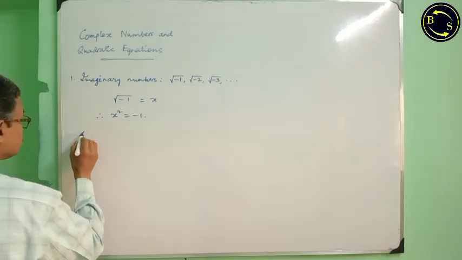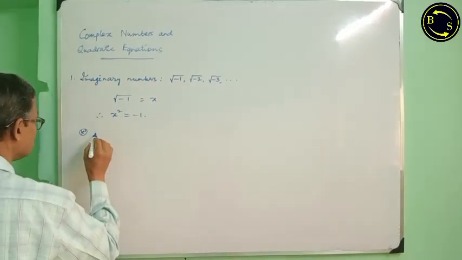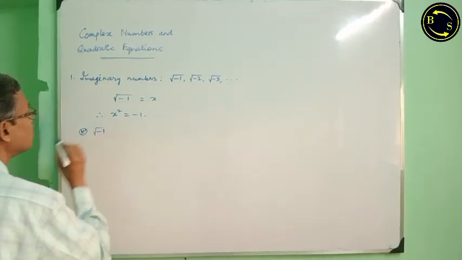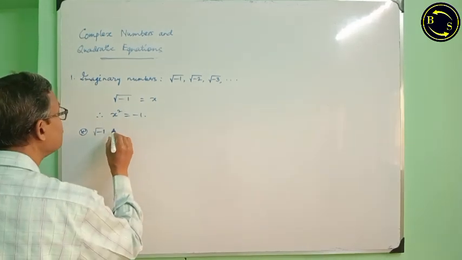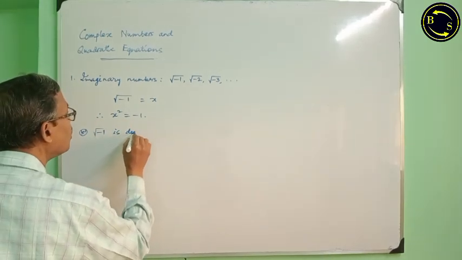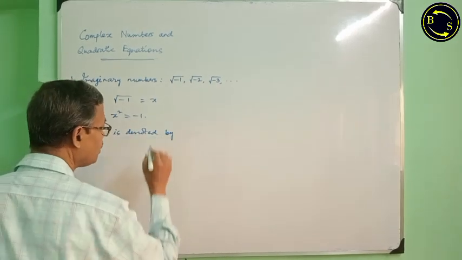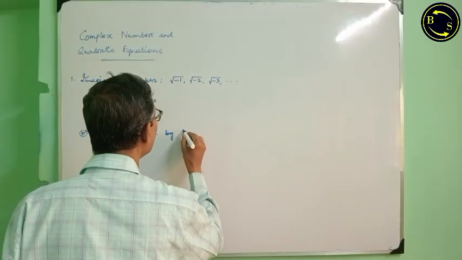Next, root over minus 1 is denoted by the Greek letter i.